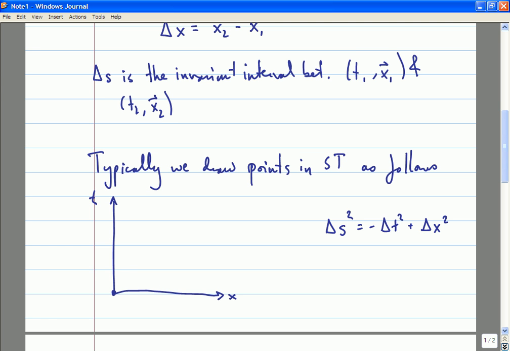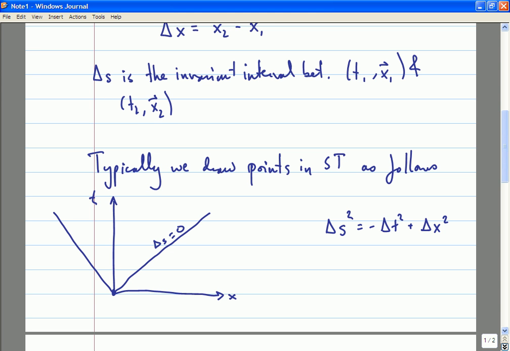So, for example, the location of points where delta s is equal to 0 is given by this pair of 45-degree lines on the spacetime diagram.